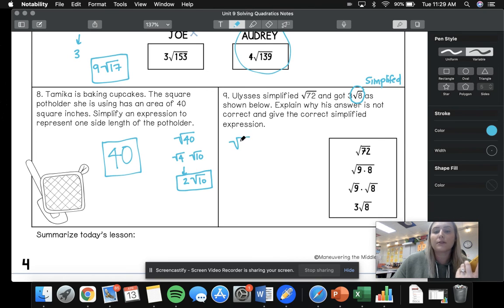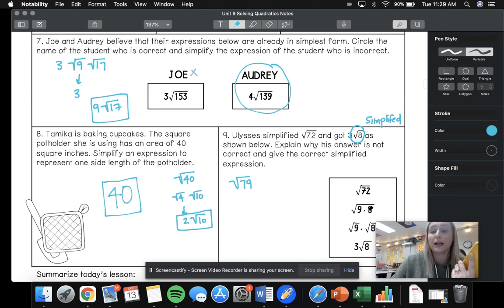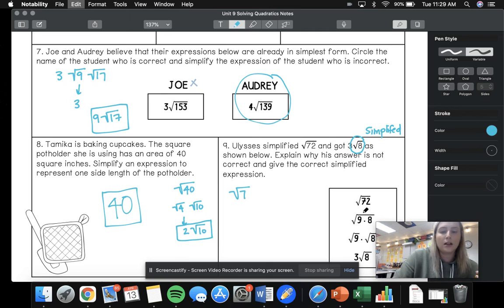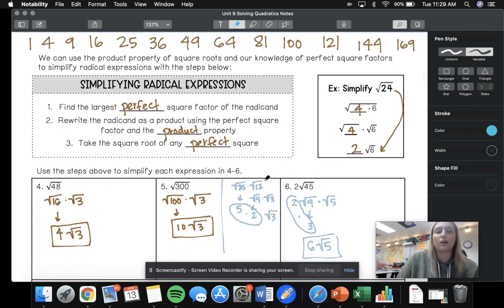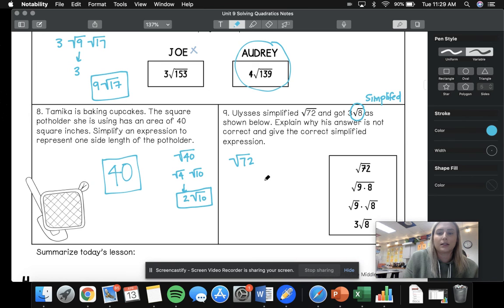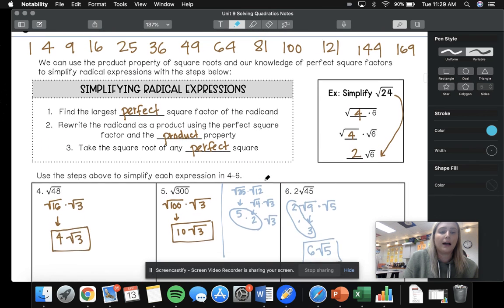So the square root of 72, I'm going to look for the biggest perfect square, because he says 9's right, and 9 times 8 is 72. But let's check other perfect squares and see if maybe something else can be taken out. So we did 9, so I'm going to do 72 divided by 16. I get 4.5.